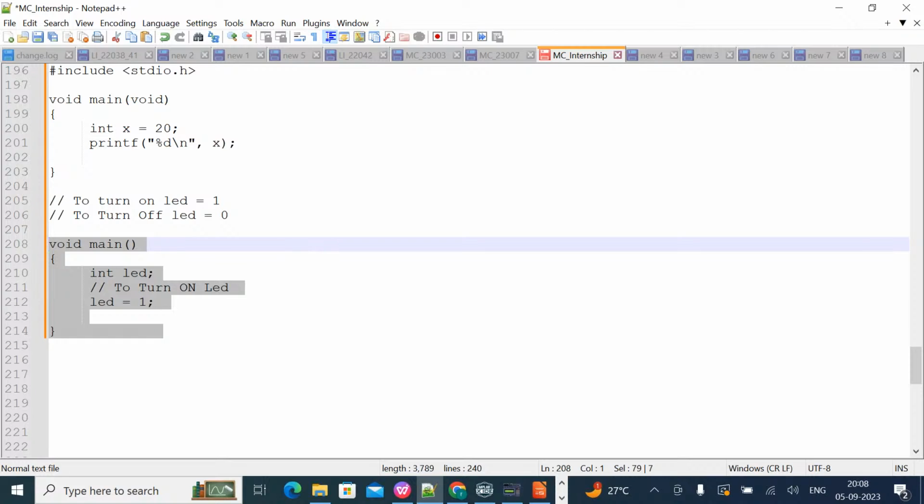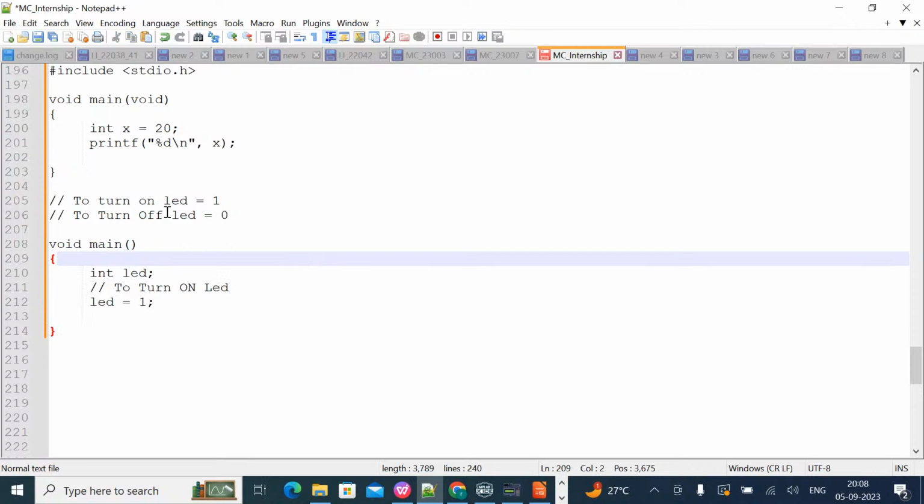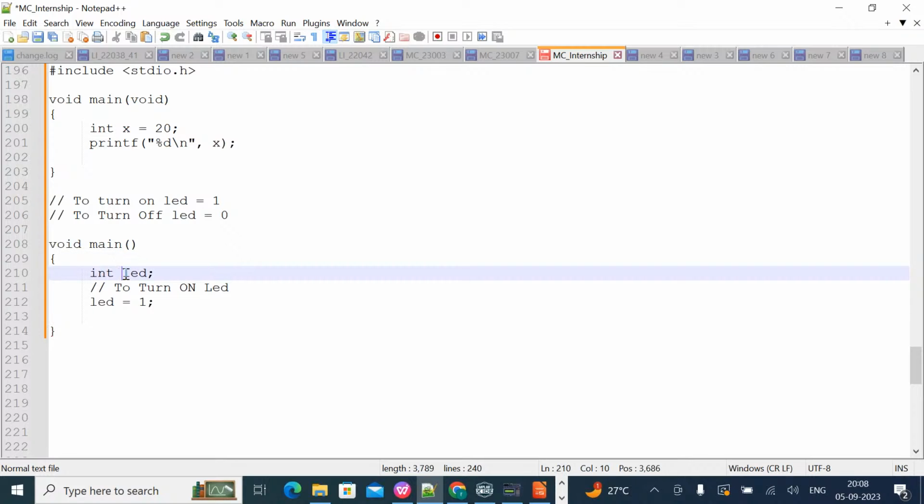Now see, if you see this simple program, literally whatever you are able to see, answer. What is this LED, people? It is a variable.